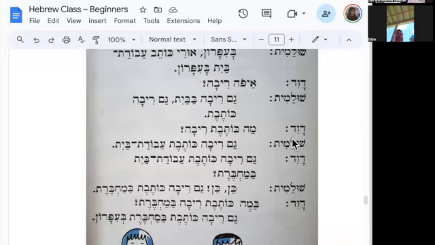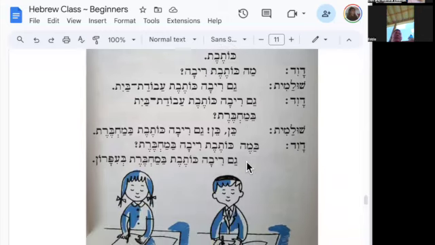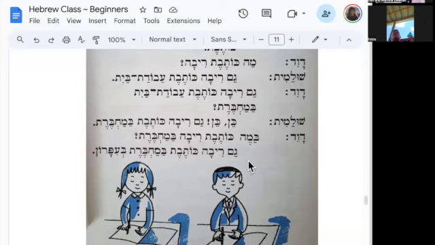Good. David: Ma kotevet Riva? What is Riva writing? Shulamit: Gam Riva kotevet avodat bayit. Also Riva is writing her homework.